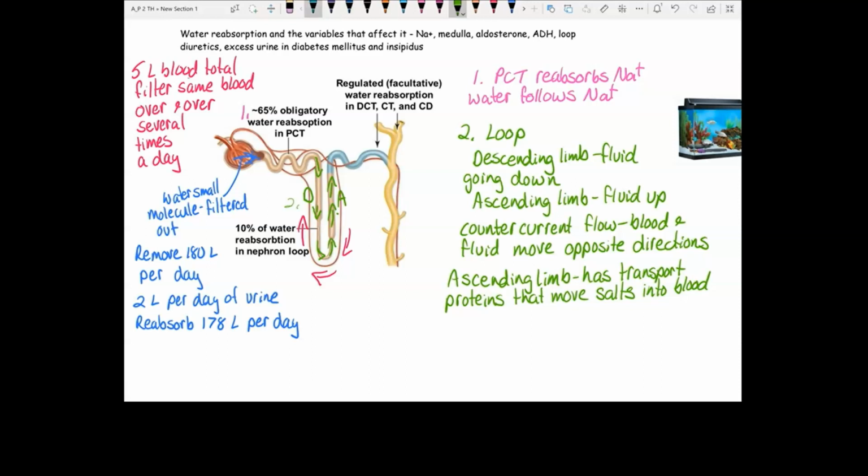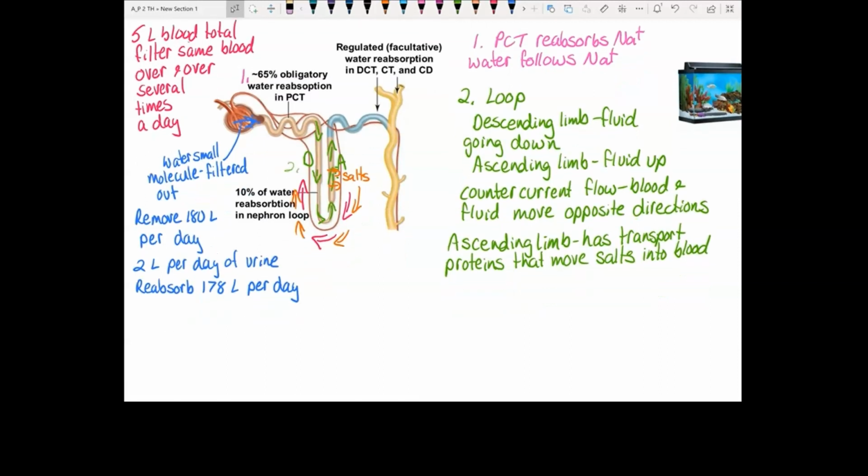So salts would be moving into the blood right here. Then those salts are flowing this way with the blood. Those salts get over to the descending limb.